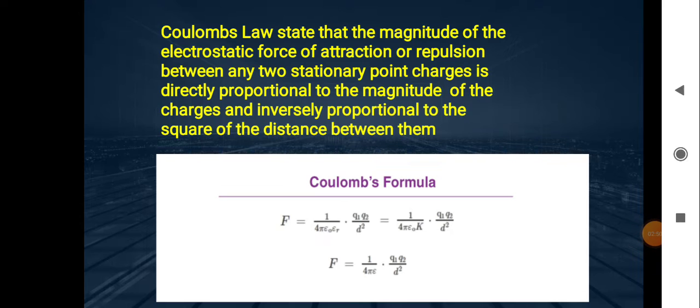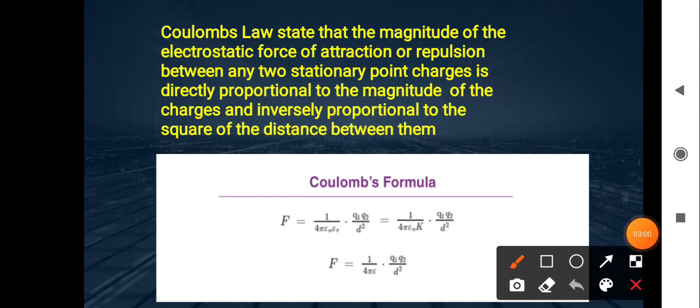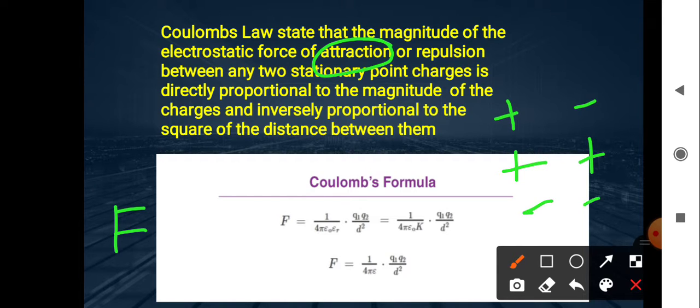Now, what is the statement of Coulomb's law? Coulomb's law states that the magnitude of the electrostatic force of attraction, that is between positive and negative charge, and repulsion when there is a similarity of positive or negative charges. The negative charge is not a source charge, it is only the test charge, and the positive charge is always a source charge.